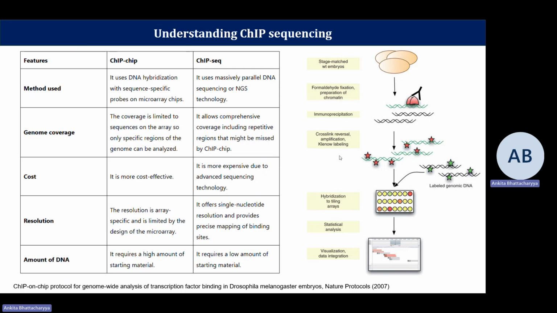More cost effectiveness is found in chip-on-chip, whereas ChIP-seq is more expensive due to advanced sequencing technology. Then you have better resolution in ChIP-seq as well. It can give you sometimes up to single nucleotide resolution and provides precise mapping of DNA binding sites. However, resolution is quite limited when we talk about chip-on-chip since it is a microarray-based method.